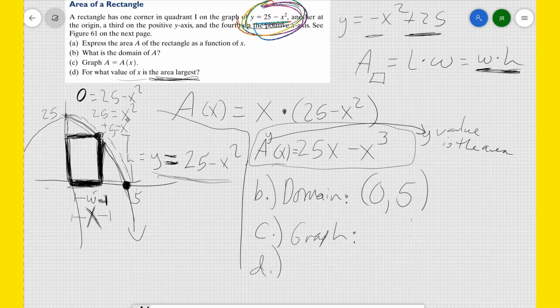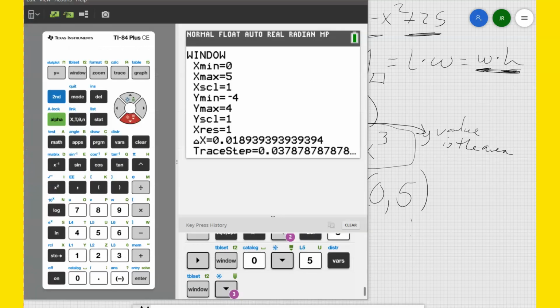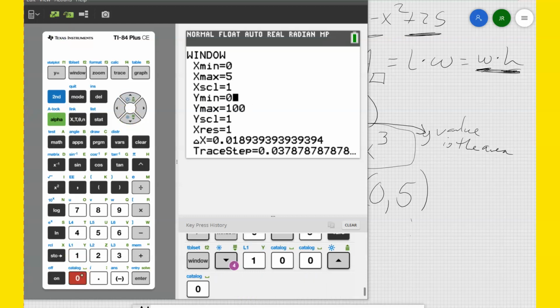If this was 5 and this was 25, that means it would go all the way here. I know that's going to include it. That'd be 125 if I multiply them together, so I know it's going to be less than 125. So I'm going to put my y max at 100 and just see. If it's not enough or it's too much, I'll change it. My y min can be 0, the minimum value for the area. Okay, let me go ahead and graph and see what that looks like.